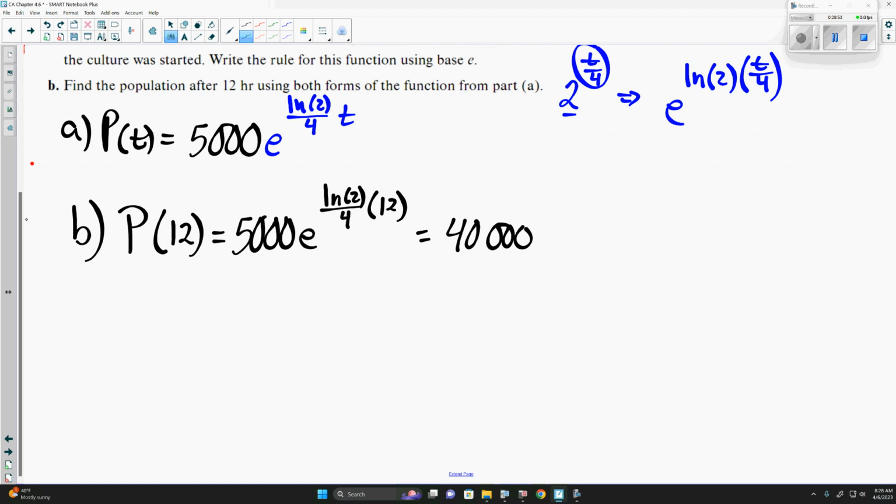But now they also wanted us to use our 2 to the t over 4, our original formula.